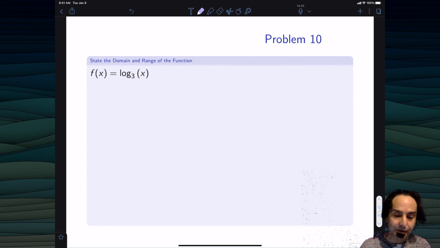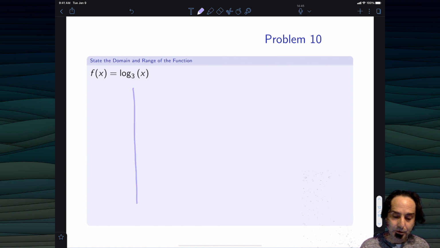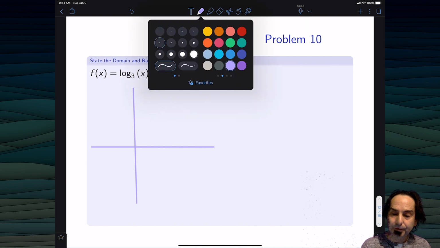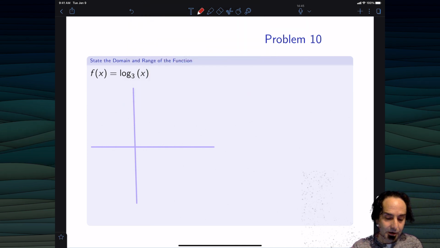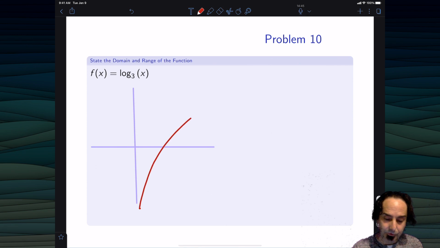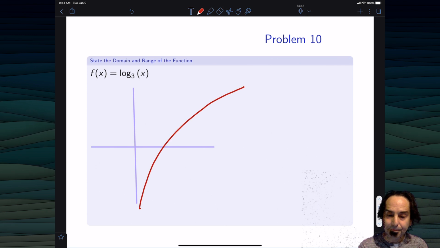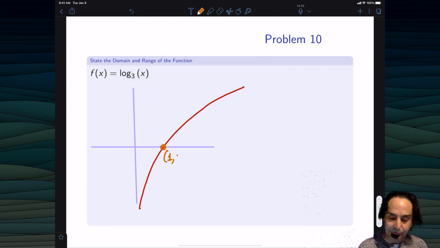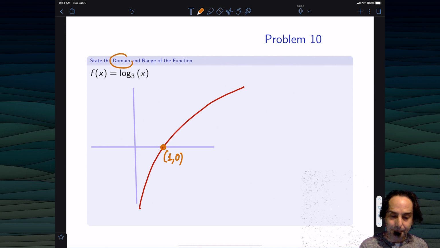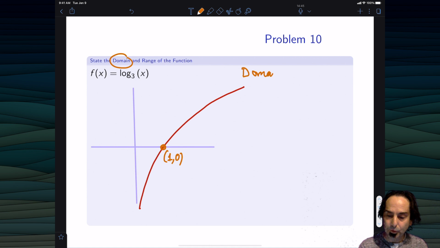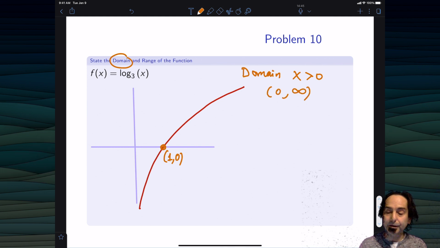Domains and ranges. Here's one that we should know pretty well, that we want a logarithm. And this is one that we should be able to graph pretty well just by hand. Here it is, and there's some important points over here. Here's the x-intercept 1, 0, and you can see that the domain, we're only plugging in x values that are positive, and we could write that in interval notation as 0 to infinity.